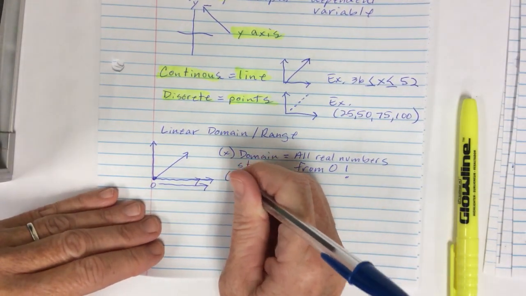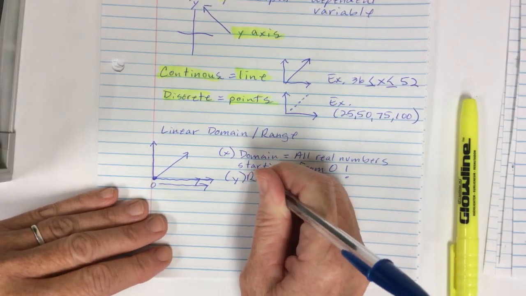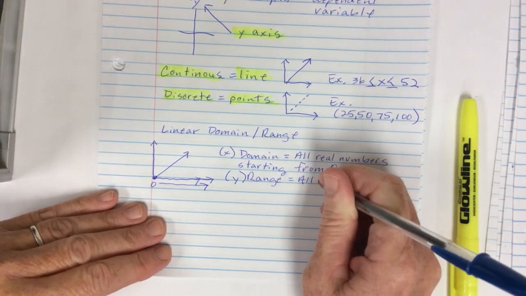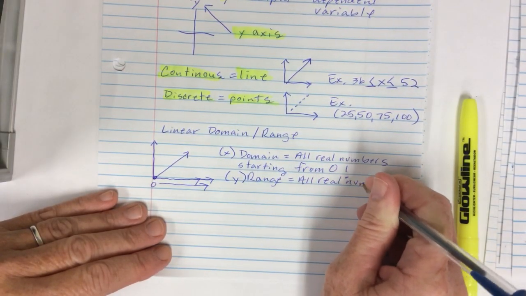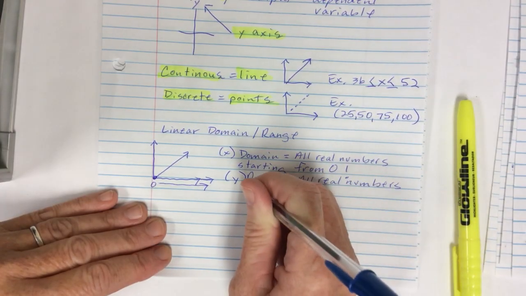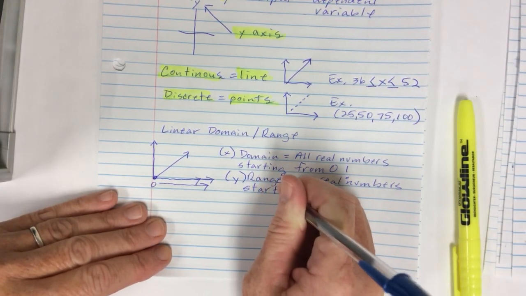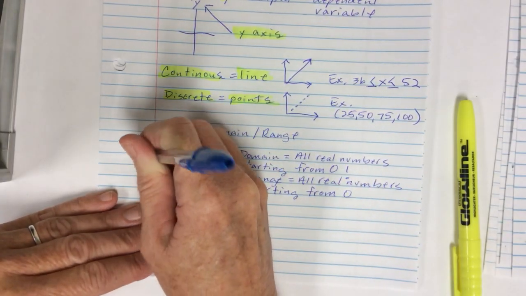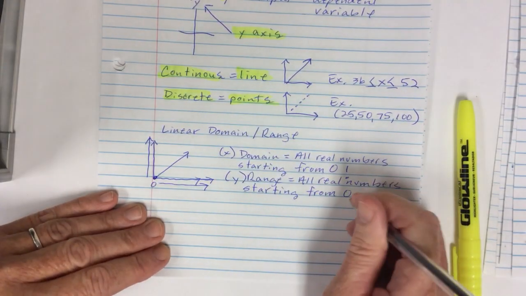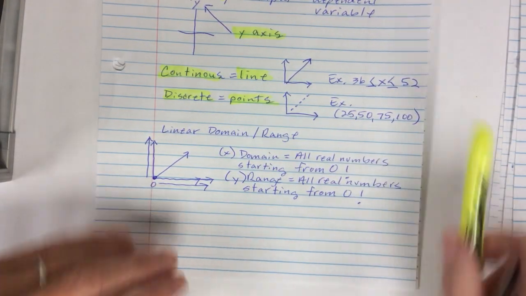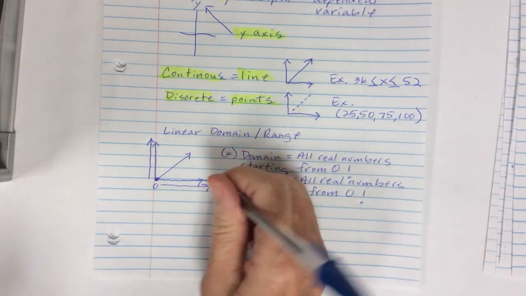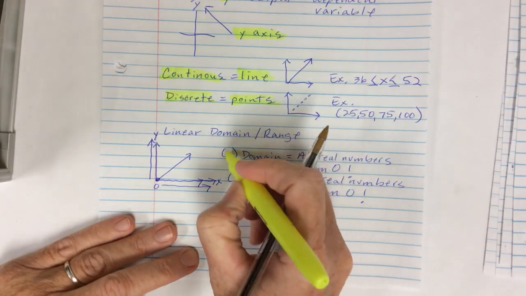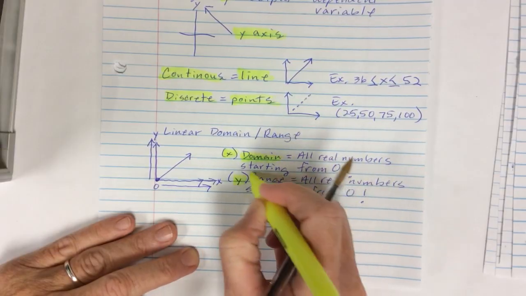The range of this graph, the y, would equal all real numbers also starting from 0. All those numbers. There's your x-axis and your y-axis. So we know domain is the x, the range is the y.